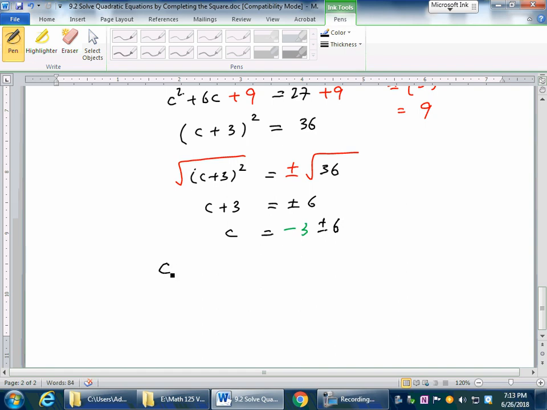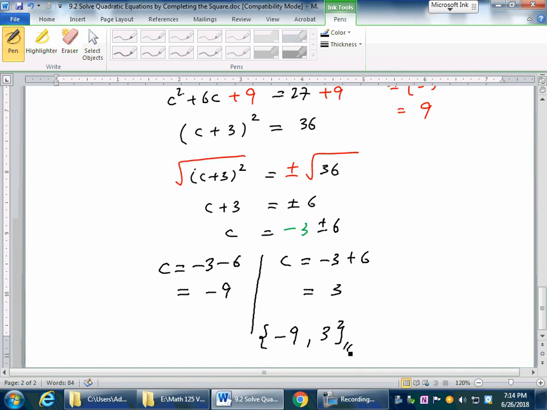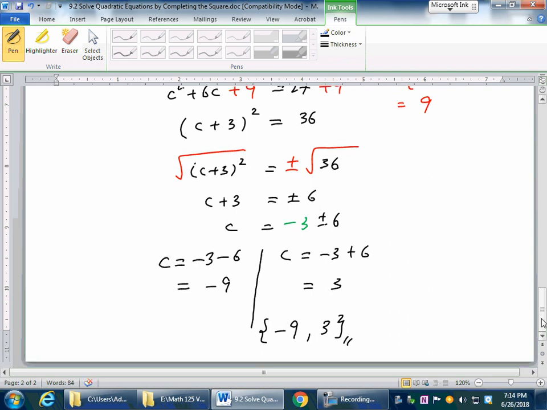So finally, I got c is equal to negative 3 minus 6, and c is equal to negative 3 plus 6, because plus or minus is talking about two cases. So we can simplify each case, and then my final answer is negative 9 and 3. And this concludes the session.